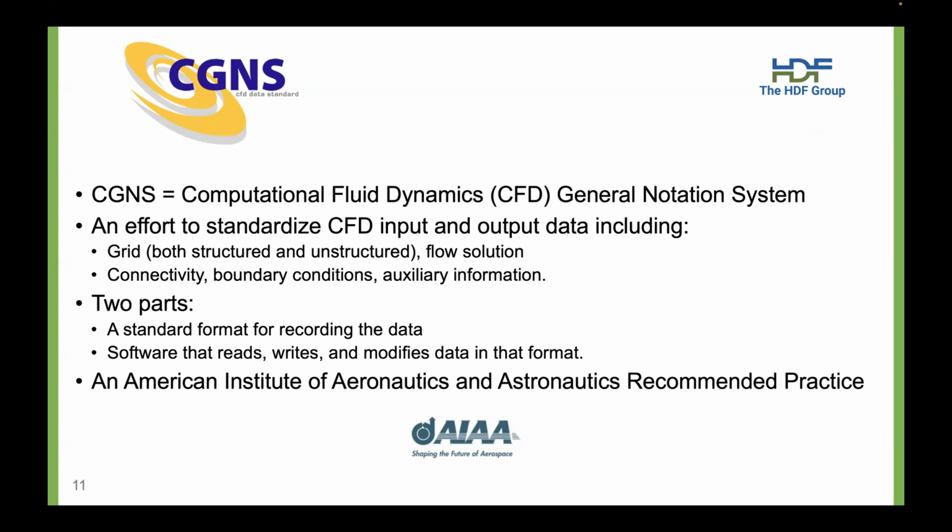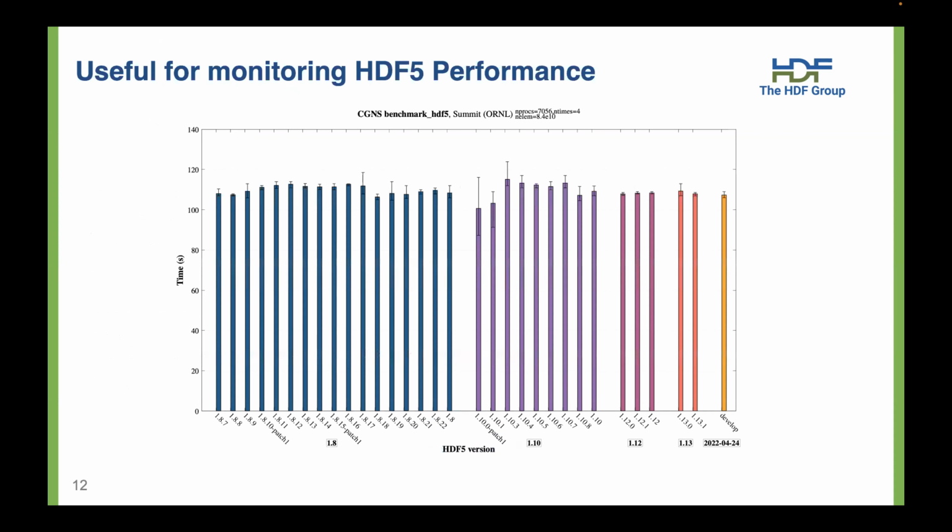This was used a lot to help tune both CGNS itself and the HDF5 library itself, and you'll see that we added some features to HDF5 that we needed to get good performance out of it. It's also useful because we often benchmark third-party applications such as CGNS and NetCDF with various versions.